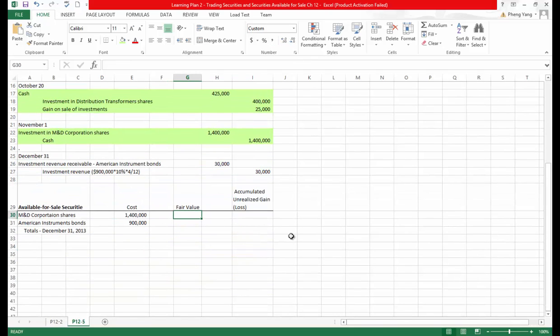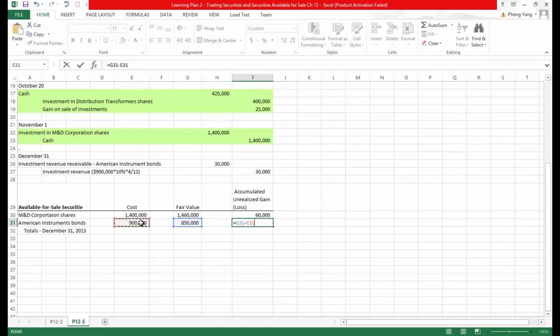My fair value, it states in the book at that time for the M&D is 1,460,000, and for American Instruments bonds it's 850,000 at that point in time. Okay, so my gain or loss here is going to be my fair value minus my cost. So I have a gain for the M&D Corporation shares of 60,000.